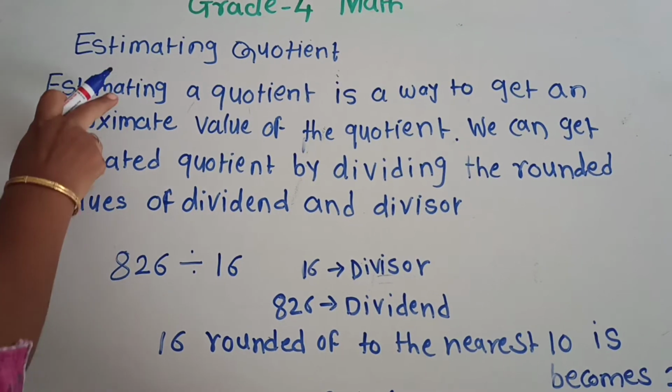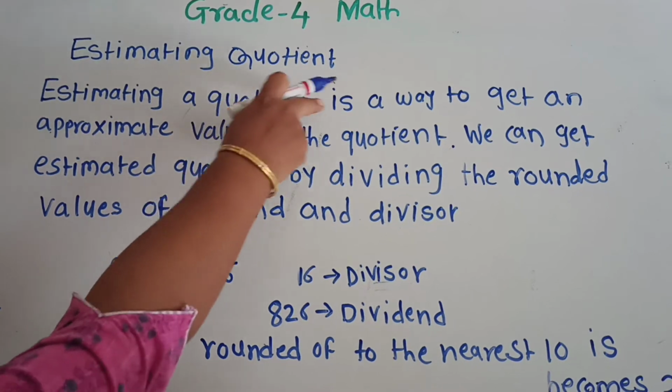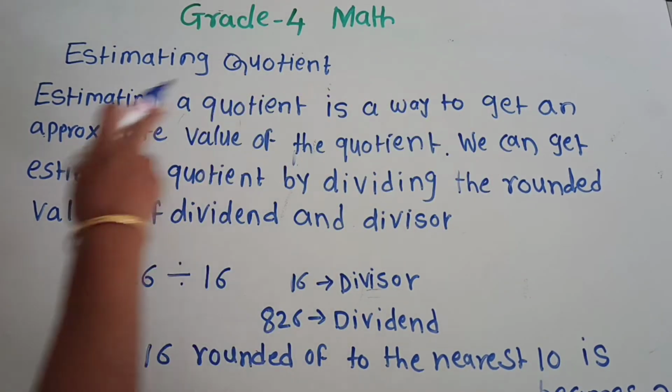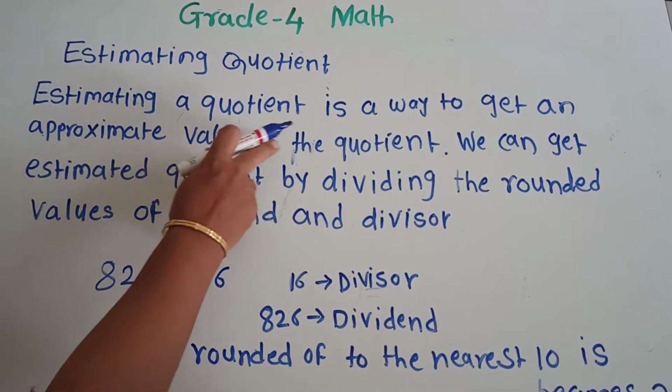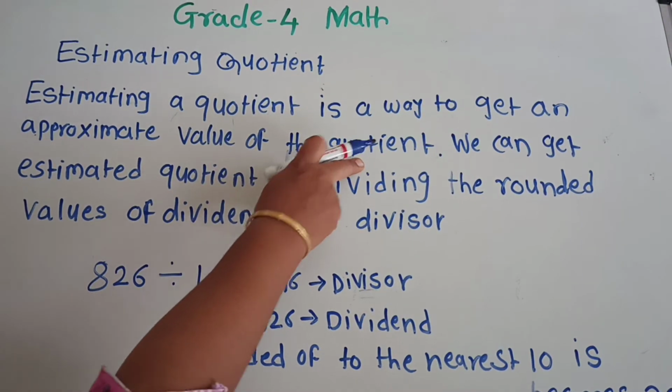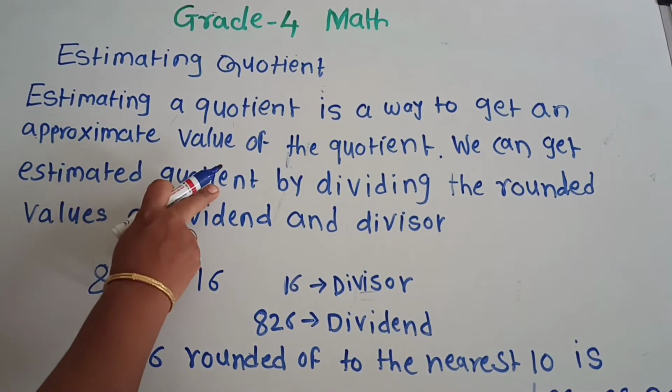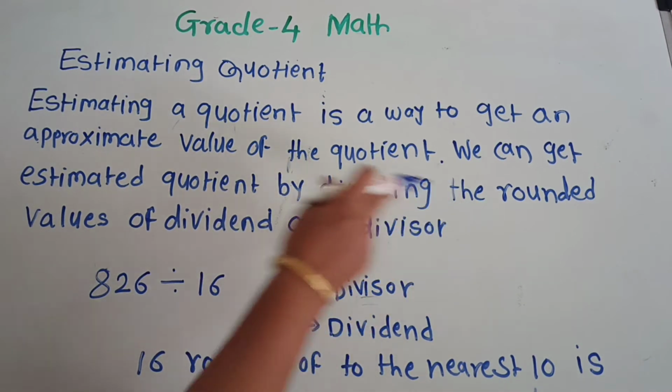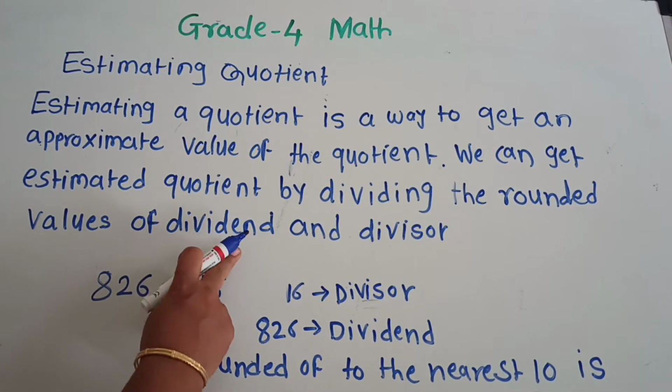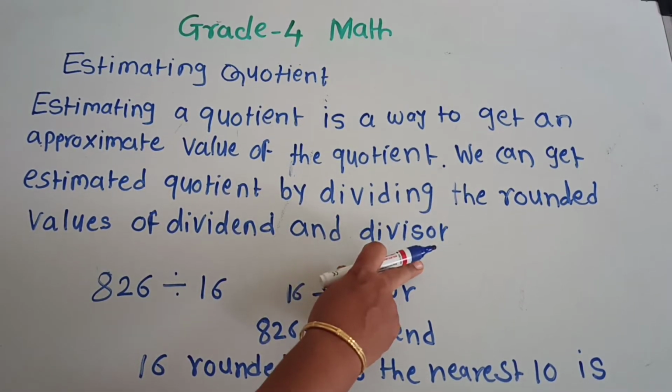Means children, estimating a quotient is a way to get an approximate value of the quotient. We can get the estimated quotient by dividing the rounded values of dividend and divisor.